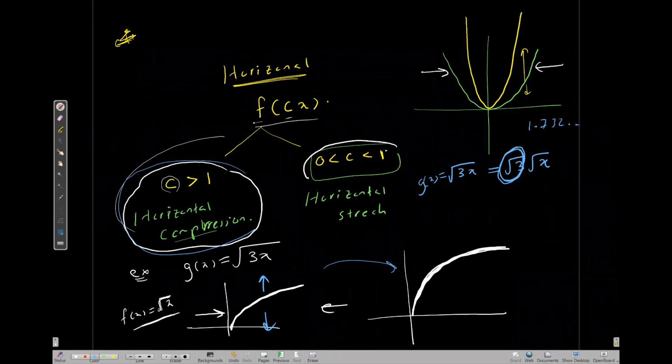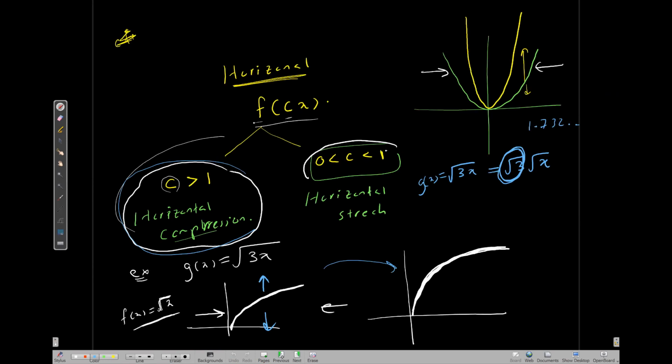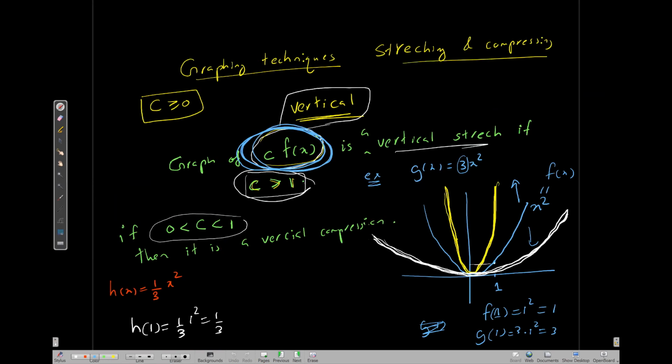But with some problems, one way may be easier than the other. Now let me show you another example. How about this? Let's say f of x equals 9x squared. Our base function is x squared. Let me show you vertical, this theory part, c times f of x, and c is greater than 1, it is 9.